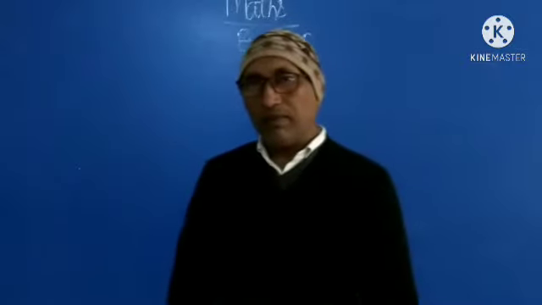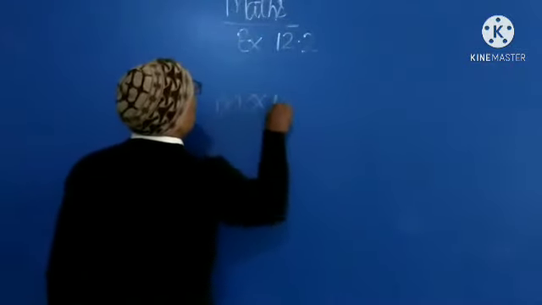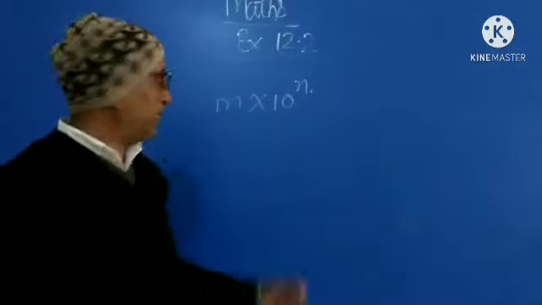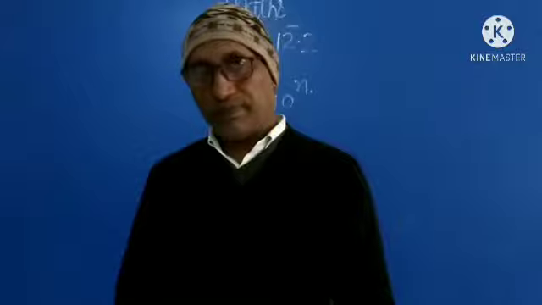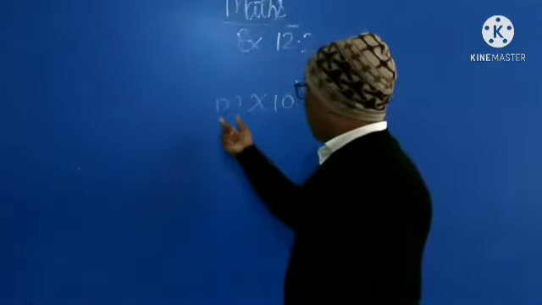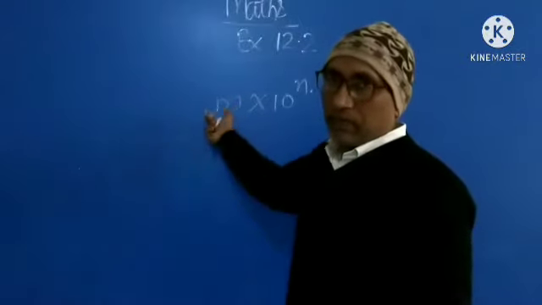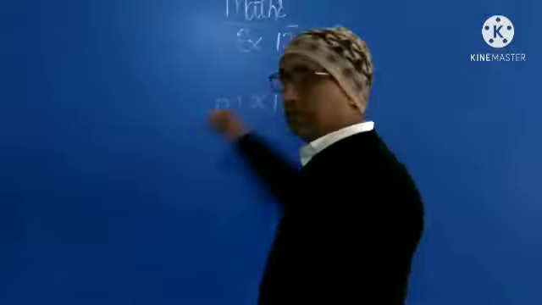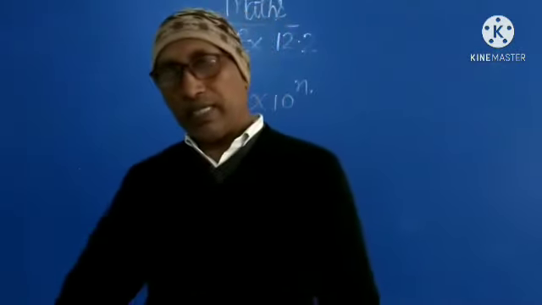That standard form is m into 10 to power n. This is the standard form of scientific notation, where m is a decimal number which lies between 1 and 10, and n is any integer, positive or negative.